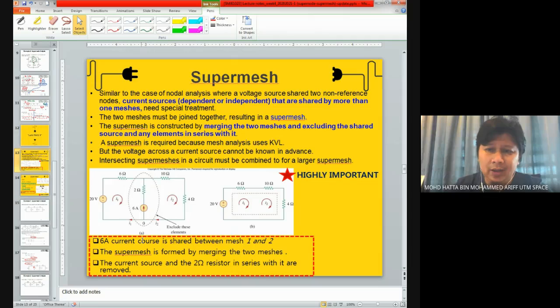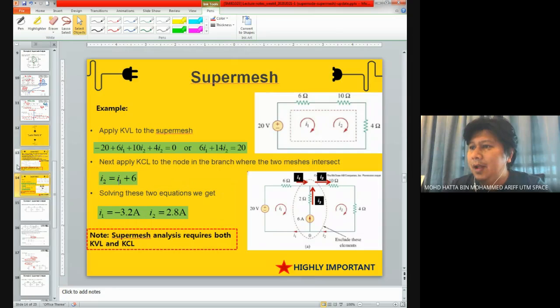Maybe if I show you the example, you can have a better idea on how to analyze a circuit using Supermesh. Okay. Still from the example circuit that I showed earlier, first of all, you need to apply KVL around the Supermesh.